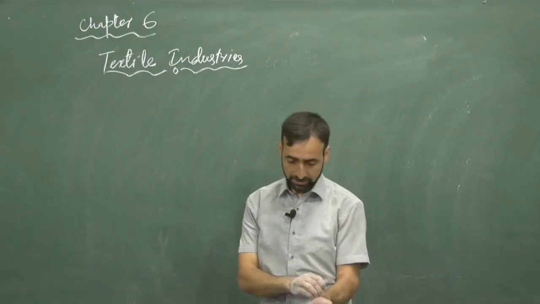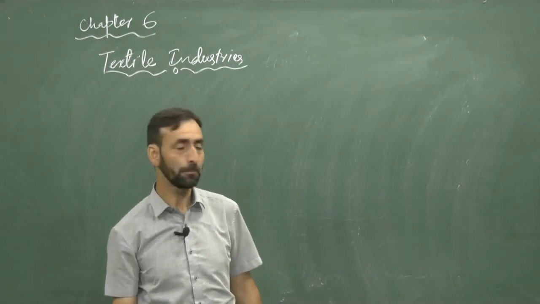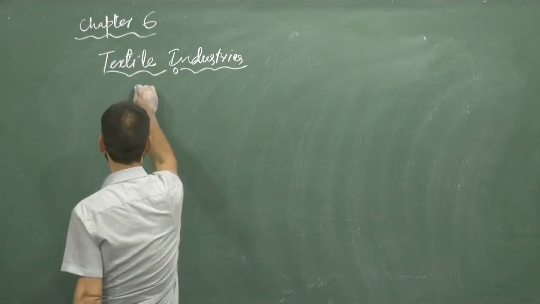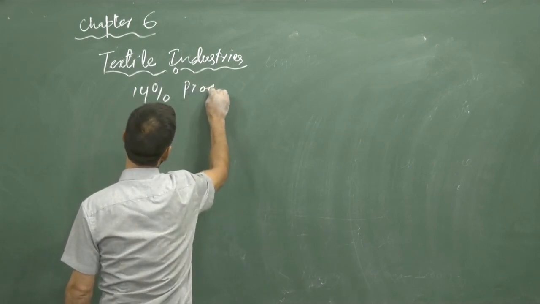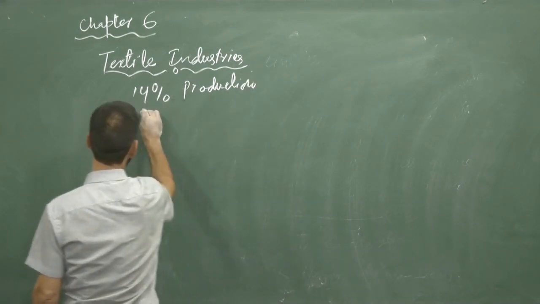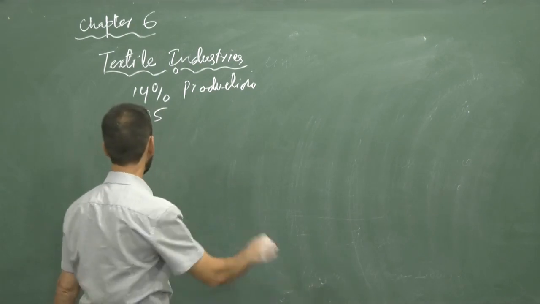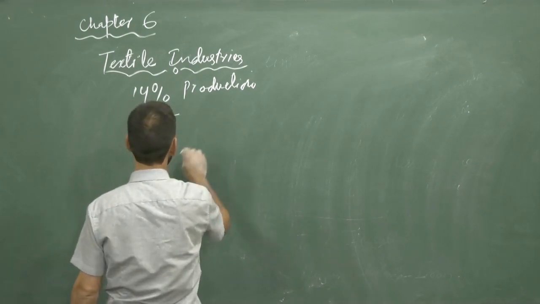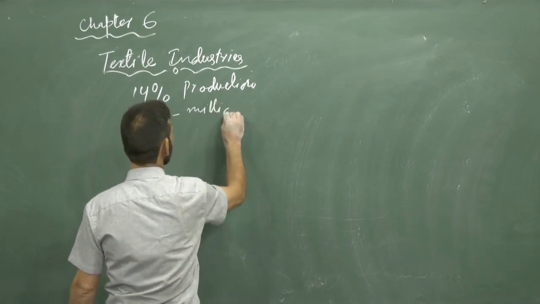In textile industries, mostly 14% industrial production is there. In these industries, mostly 35 million people were employed or engaged. 35 million people got jobs there.